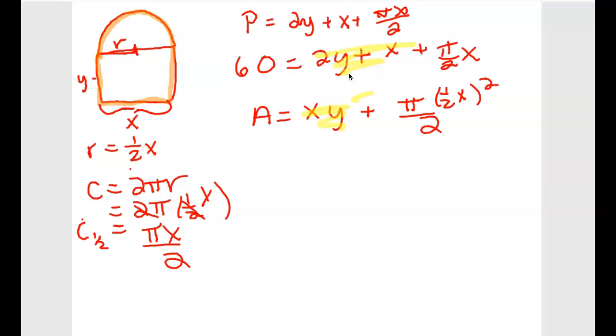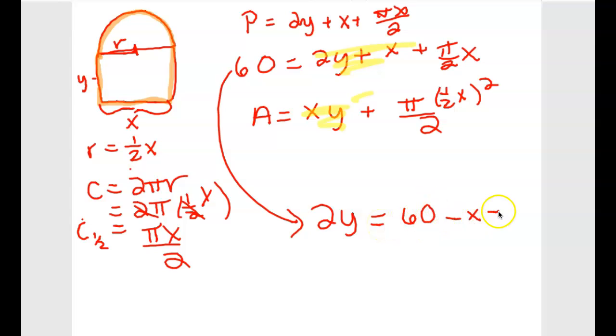So simplifying using perimeter, and I'm just going to write this so I can erase it because I'm running out of board. We have 2y equals 60 minus x minus pi halves x. Got to get rid of the 2, so you multiply everything by a half.